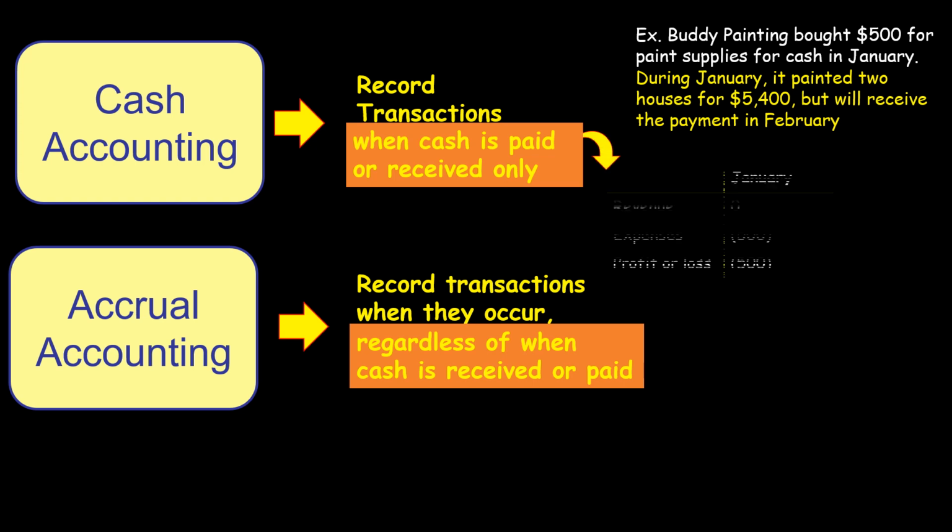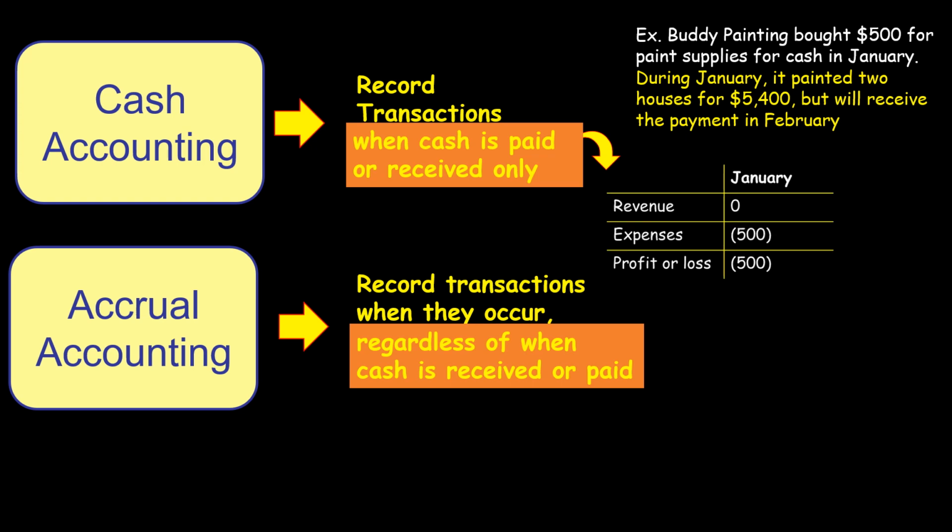So, under cash accounting, Buddy will not record any revenue, any sale in January because it did not receive the cash for that. However, it paid for the paint supplies in January, so it will record that as an expense. And in February, Buddy Painting will receive the cash for the sale, and that's when Buddy will record it as revenue.